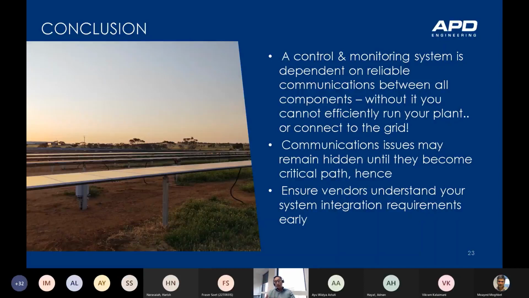What they developed was not an off-the-shelf product. It was custom-ish, part of the delivery of this solar tracker product. What ended up being is a Modbus gateway.